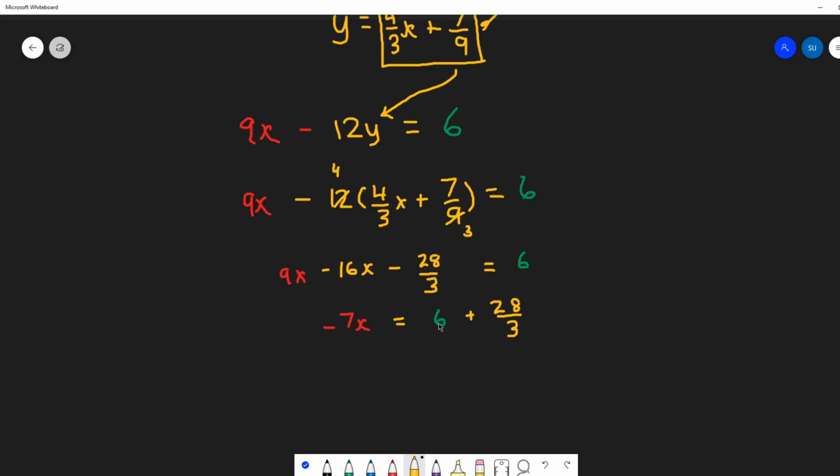We can convert the 6 to thirds, and 6 is the same thing as 18/3. So we get negative 7x equals 18 plus 28 is 46.